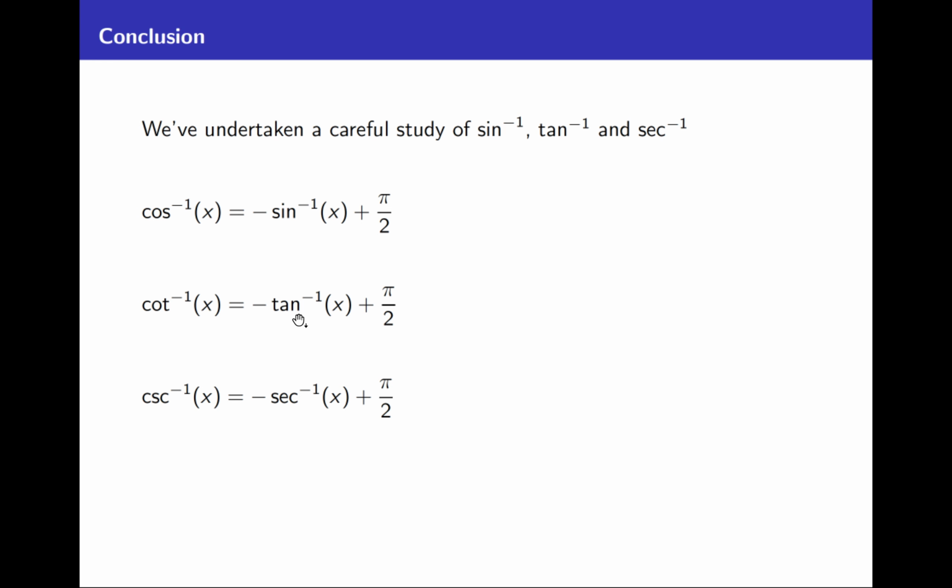And as you go on in calculus, you'll realize that because of that, the functions sine inverse, tangent inverse, and secant inverse sort of play a predominant role. So if you can work with those functions fluently, you're going to be in pretty good shape. And that's exactly why today we were kind of brief about cotangent inverse and cosecant inverse. You can get them in terms of tangent inverse and secant inverse.